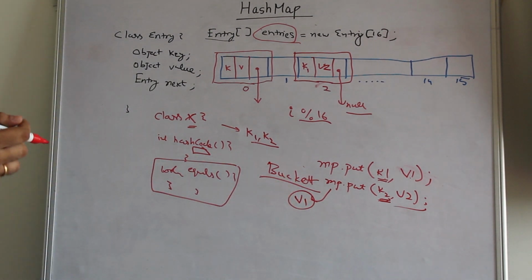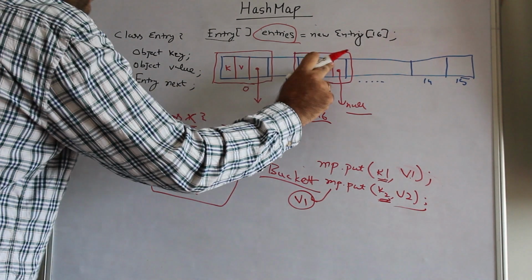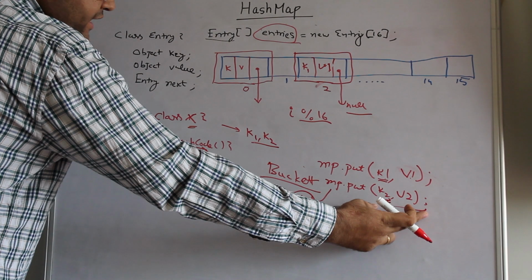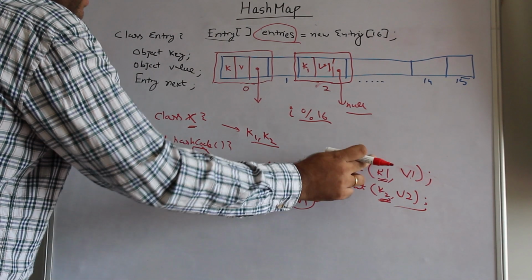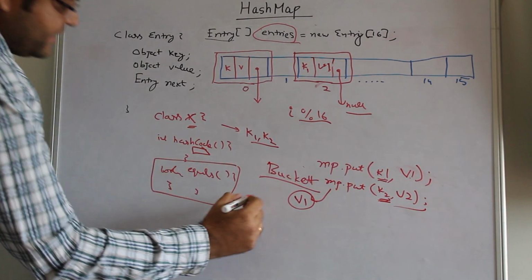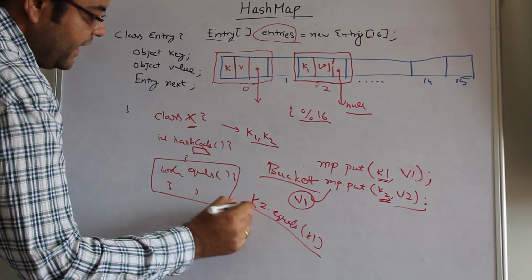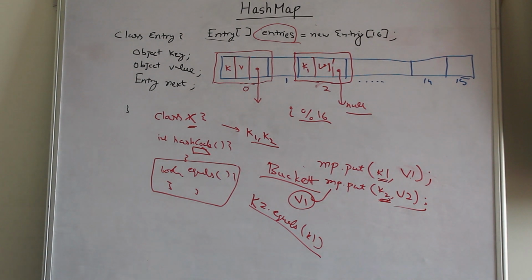But if we assume that previously it was k1 v1, and now the new key, k2 v2, is here, and k2 and k1 are not equal. For example, I say k2.equals(k1), and it returns false.